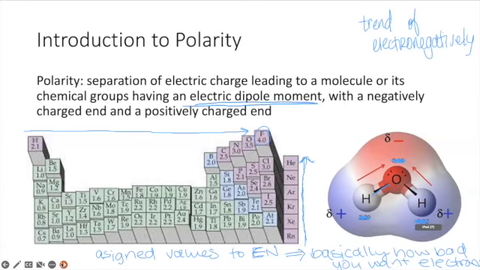So oxygen has a value of 3.5 and hydrogen has a value of 2.1. So this means that oxygen wants those electrons more than hydrogen does. He ends up playing that tug of war, and he's a little bit stronger. He wants it more badly.